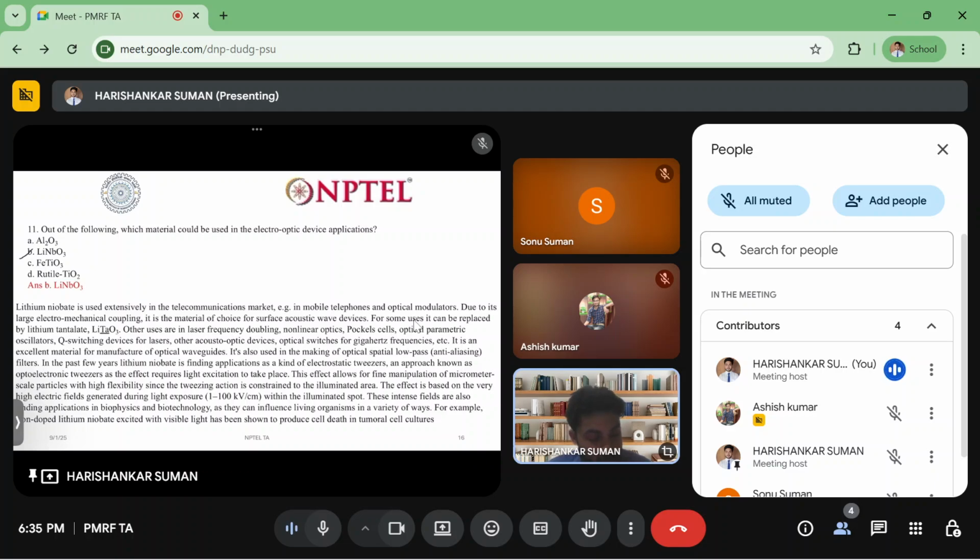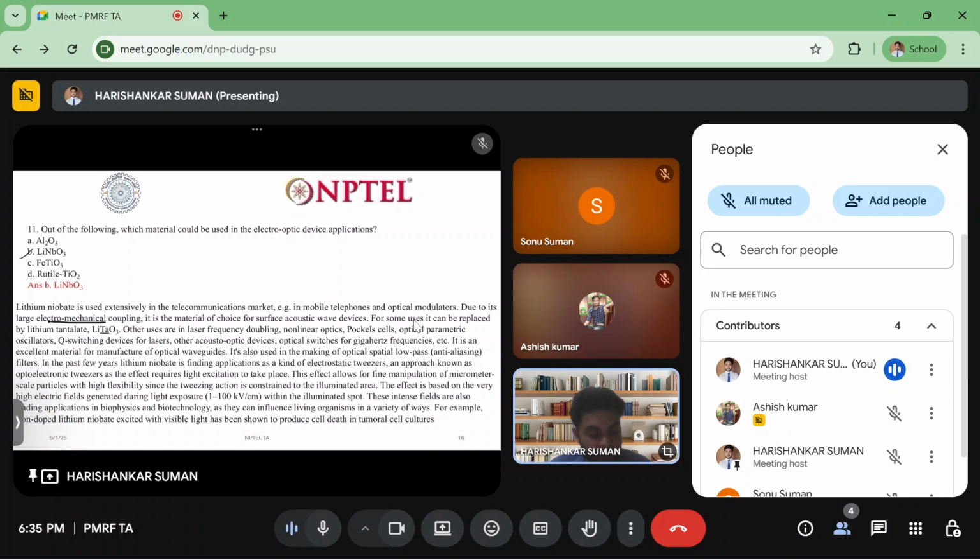Other examples are in mobile telephones and optical modulators due to its large electromechanical coupling. It is a material of choice for surface acoustic wave devices. For some uses, it can be replaced by lithium tantalate.